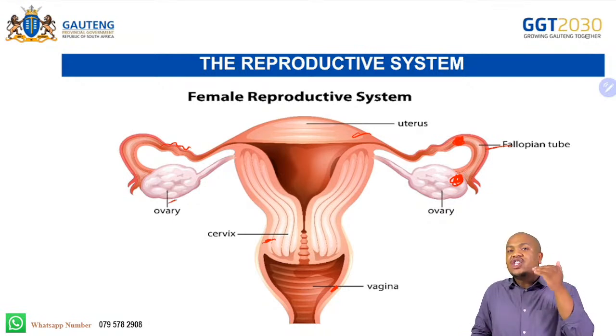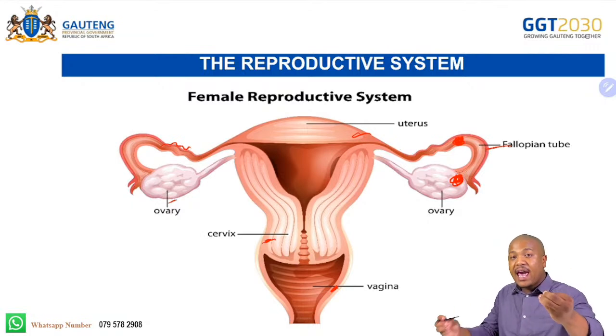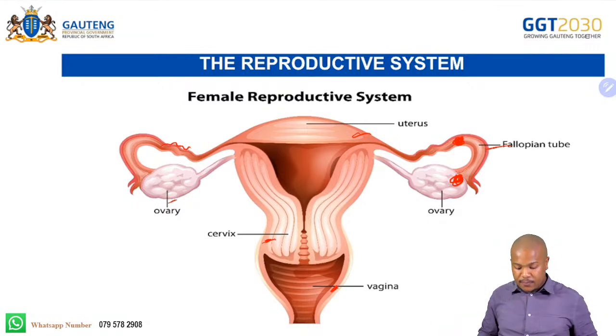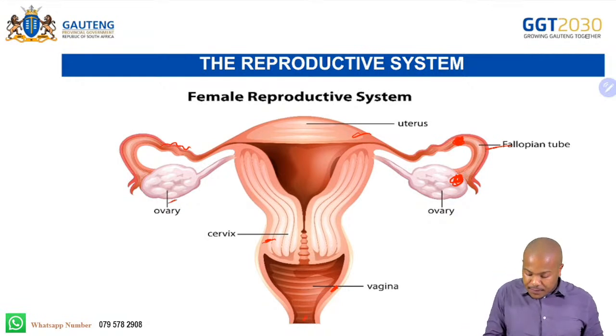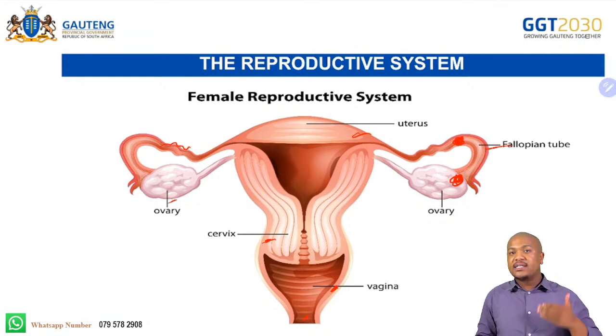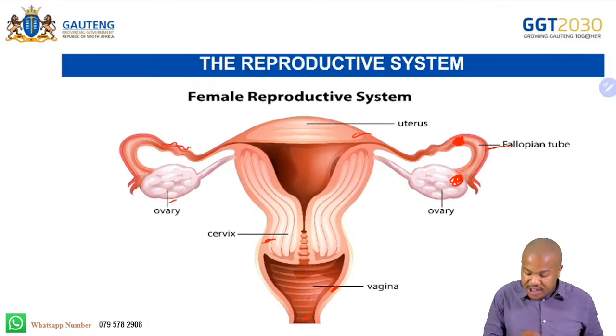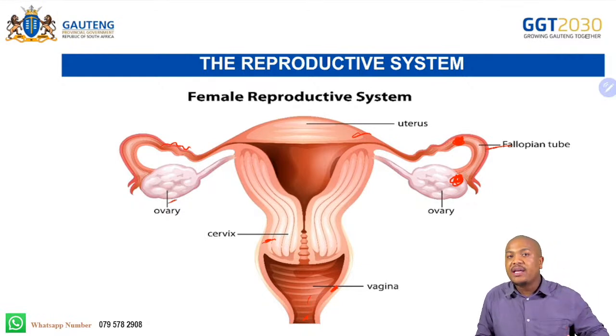Remember, for fertilization to take place, there needs to be a fusion of the sperm cell and the egg cell together, meaning during copulation. During copulation, when the penis is placed inside the vagina, ejaculation takes place, ejaculation being the releasing of the semen-carrying sperm cells.